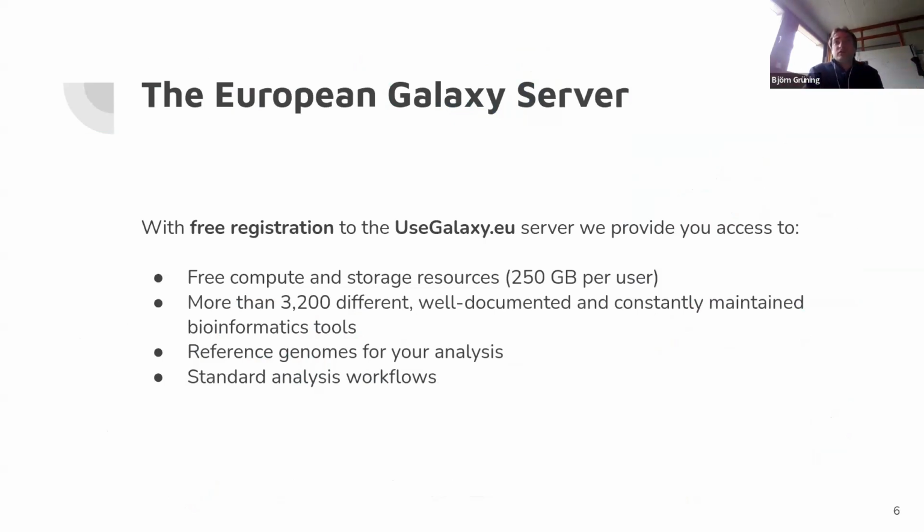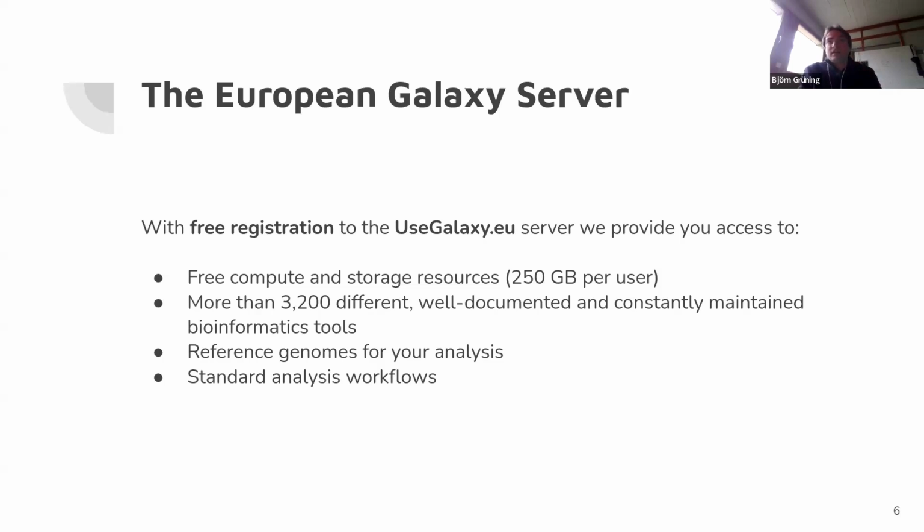European Galaxy server: free registration. You get 250 gigabytes of storage just by creating an account. If you want more storage, there is a form you need to fill out where you describe your project, and usually within a few working days we process that and then you have more quota.